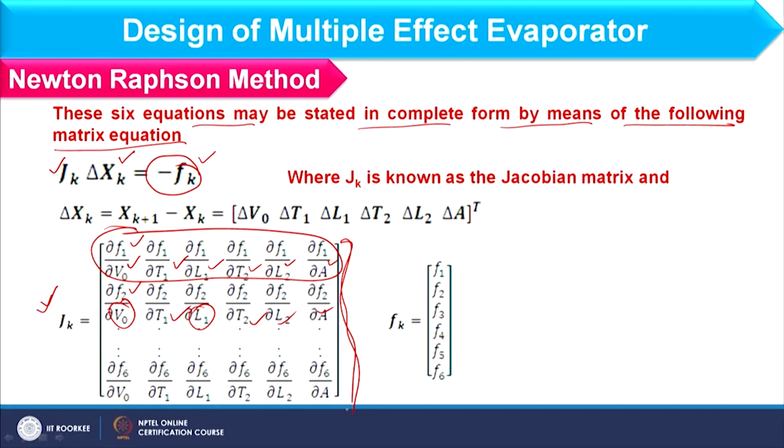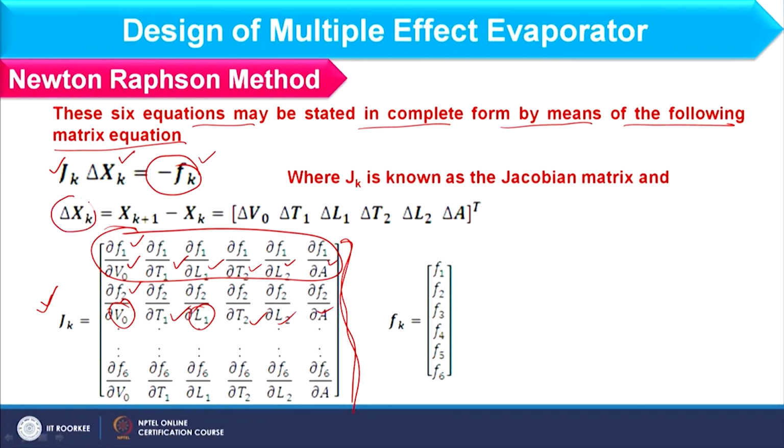So, let us see what is delta x k. Delta x k is basically the difference in 2 consecutive iteration, and if I am considering k, it means the difference of k plus 1th minus kth iteration. So, in this way I can represent delta x k as x k plus 1 minus x k, and that will be transpose of difference of all variables in 2 consecutive iterations.